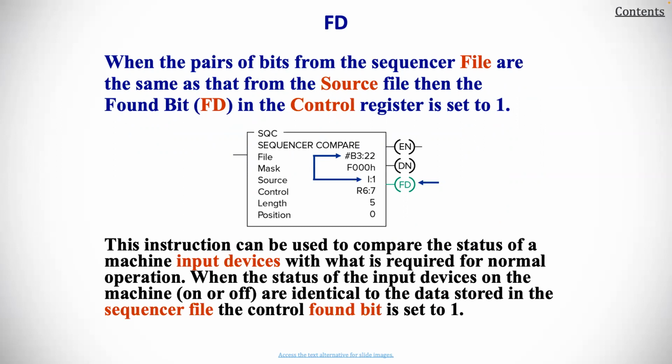The instruction can be used to compare the status of machine input devices with what is required for normal operation. If the status of the input devices on the machine, on or off, is identical to the data stored in the sequencer file, the control found bit is set to 1.